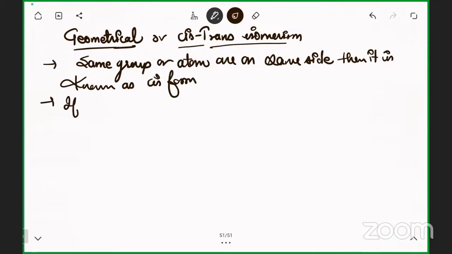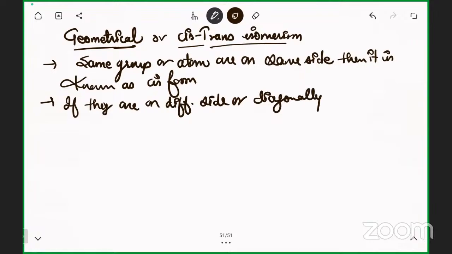If they are on different sides or diagonally, then they are known as trans form. So generally we have to discuss this in the double bond over here.